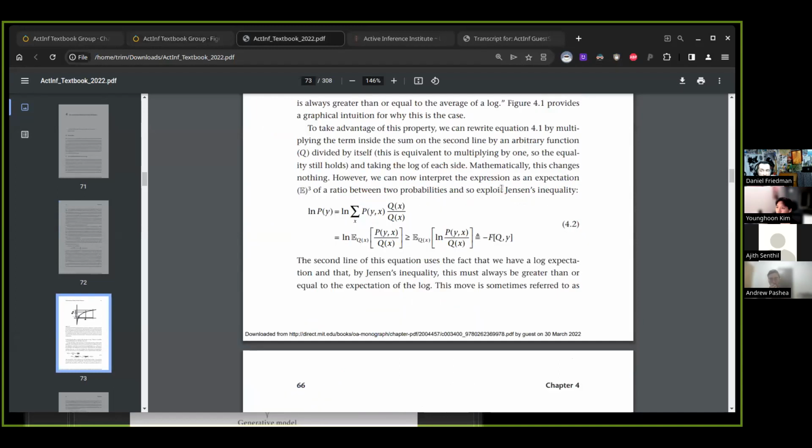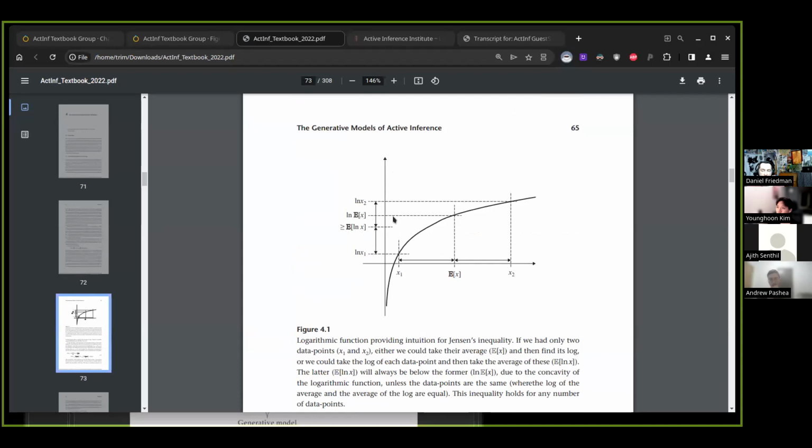Jensen's inequality, it'd be awesome to have more of an unpacking on this, because it's very provocative in general.